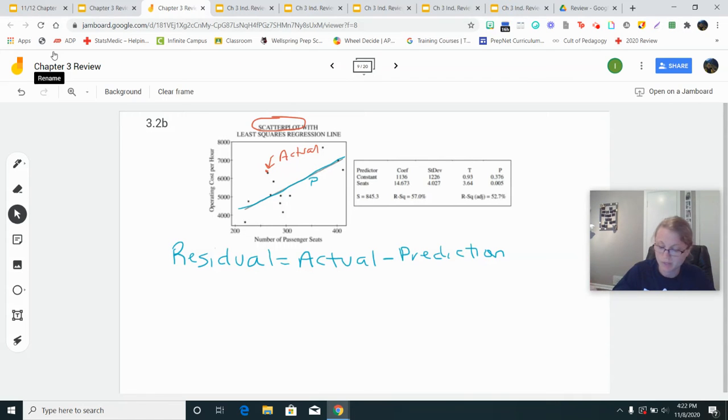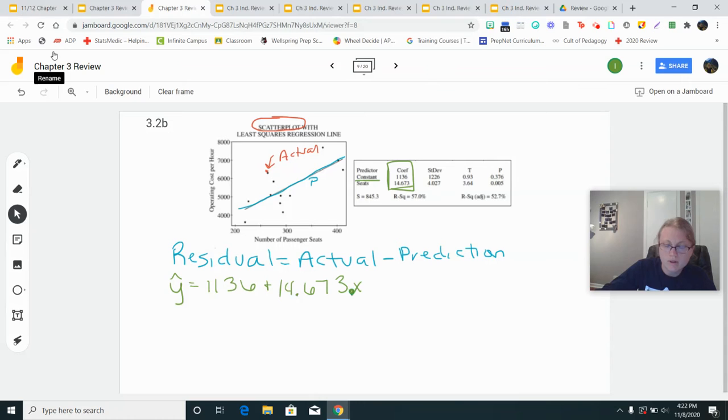So let's try one out. If I wanted to write the equation of my line here, I could do so by looking at the computer output and writing it out, so then I can make a prediction. So y hat in this case, the first number is always the y-intercept constant, so this is 1136, plus the second number, which is always my slope, 14.673 x.